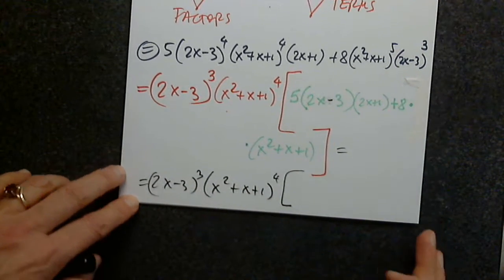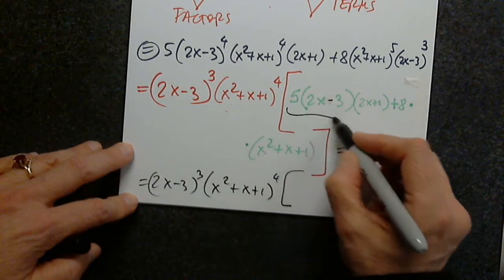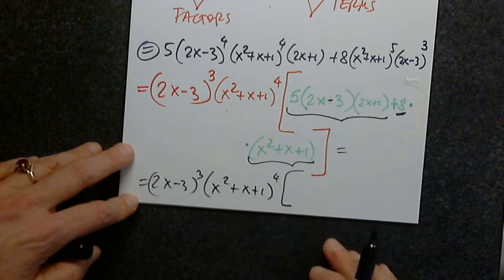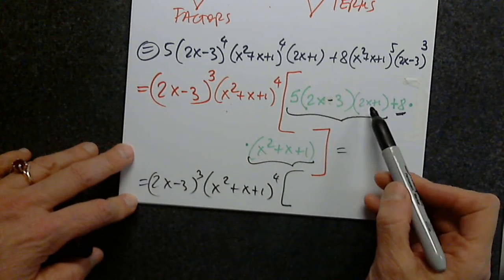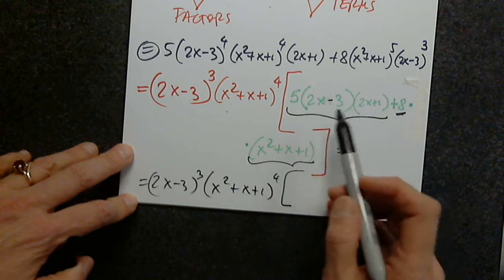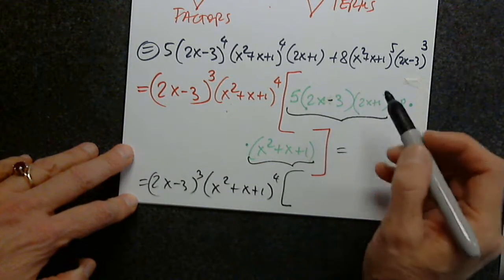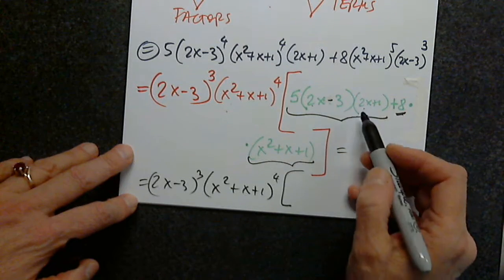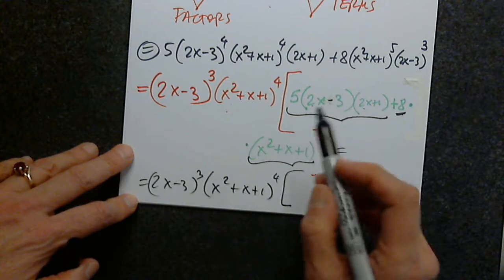And now I'm inside. I need to distribute all these, and I need to distribute 8 in here. So I don't know where you want to start. You want to start from here, you want to start from here, it doesn't matter. 2x times 2x squared times 5.